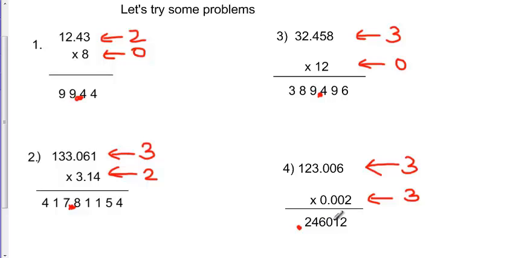Remember, if we do not have enough places, we are going to hold the places with a 0. Now, I don't usually like to leave a decimal just by itself because it gets lost. You don't bring it down, you don't put it in your answer. So I always like to put a 0 in front of the decimal just so it is clear to me.